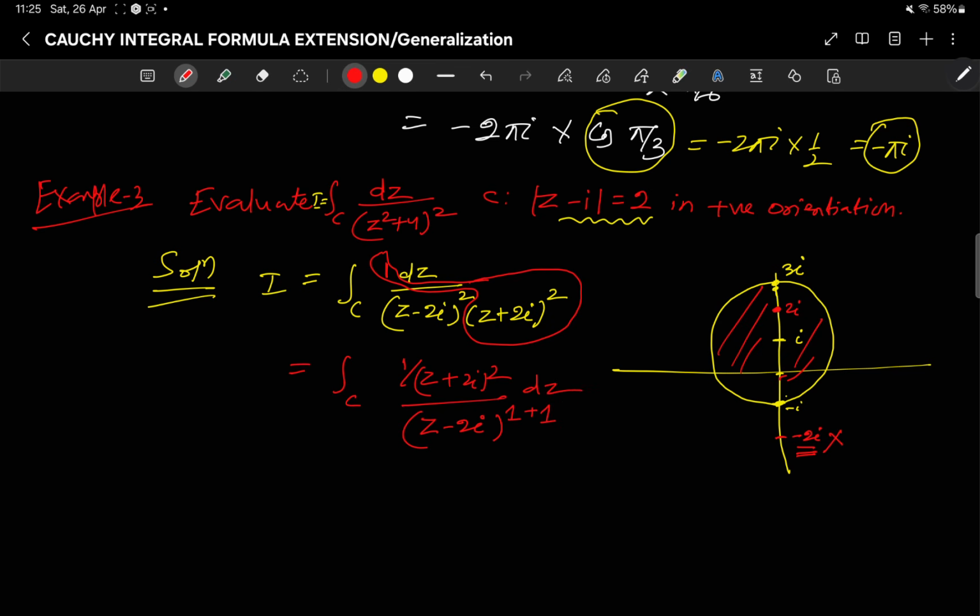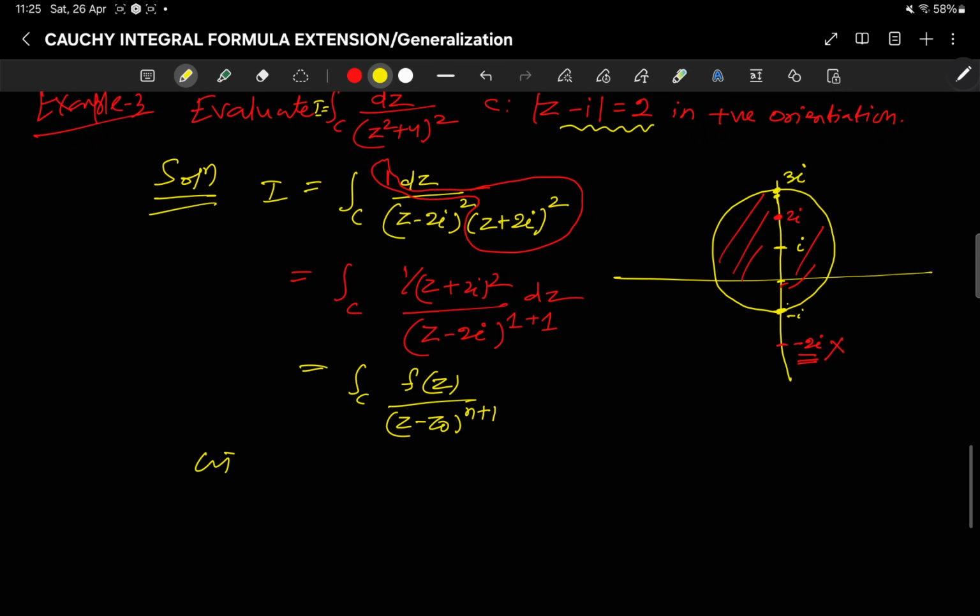So this is of the form integral over C of f(z) by (z minus z0) to the power n plus 1, with here f(z) equal to 1 by (z plus 2i) whole square, and it is analytic, as minus 2i is outside, which is analytic everywhere in C.